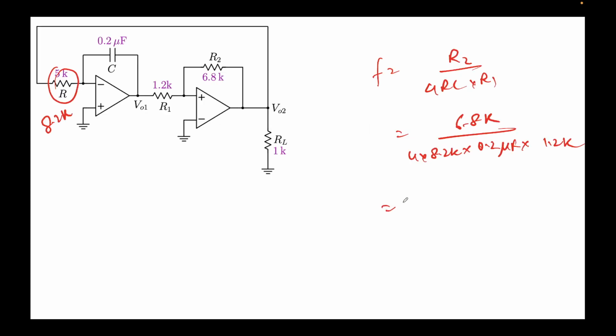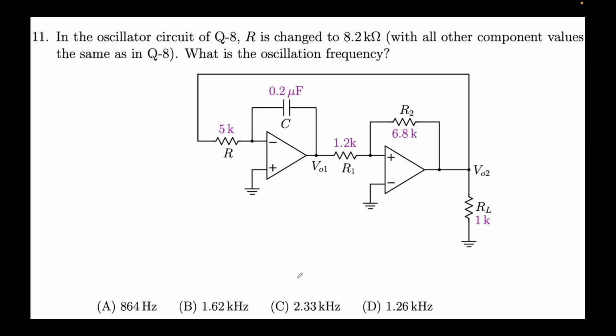One second, there's a mistake, 1.42 times 5 by 8.2. Yeah, it's coming around 0.870 kilohertz, which you can see is 870 hertz. Let's just see what's the option. 870, okay, 864. So that's the closest one, right?